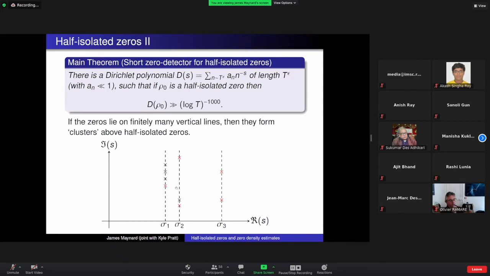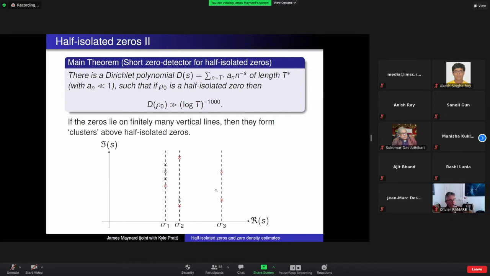So if the zeros do lie on finitely many vertical lines, then they have to form these clusters above a single half isolated zero. So either a zero is half isolated, or there is a nearby zero on the same vertical line which lies below it, and you can just keep on therefore passing down, and so the zeros come in these clumps all lining up above a single half isolated zero.